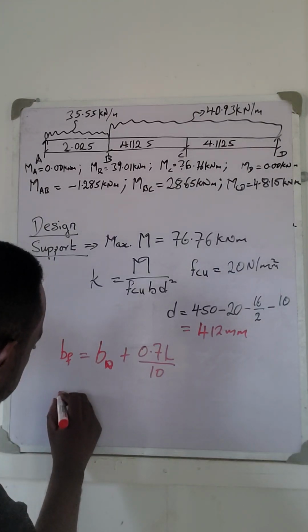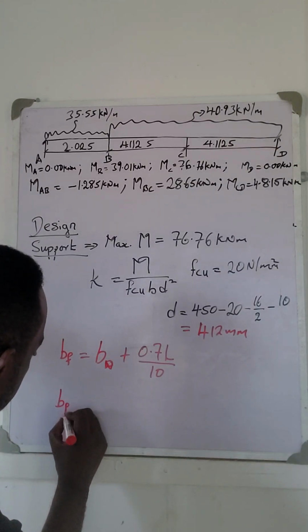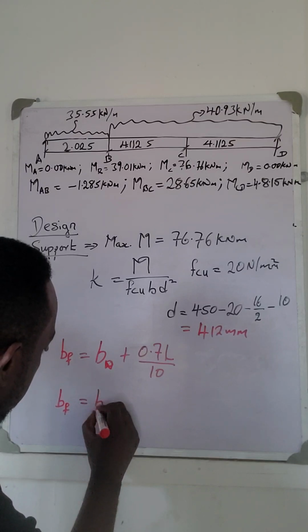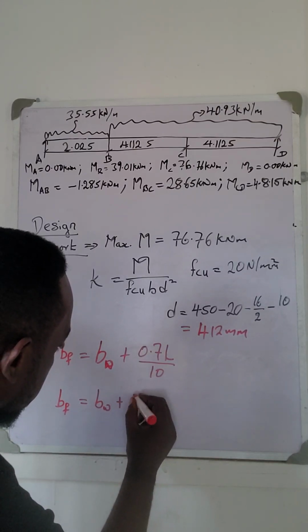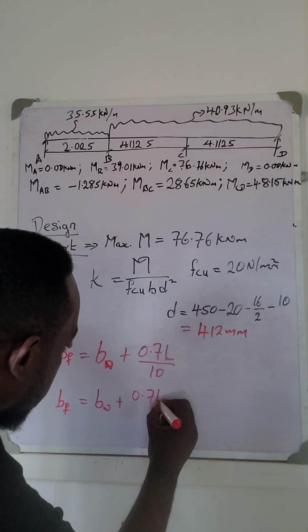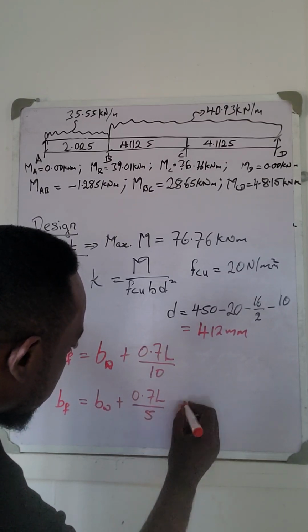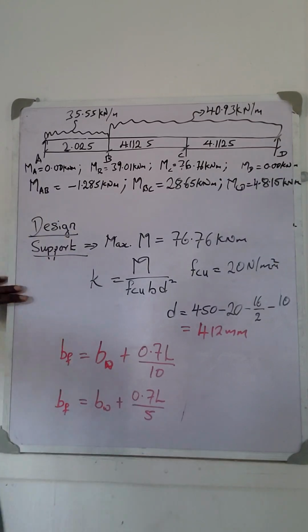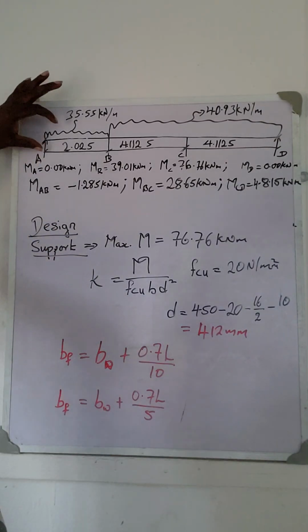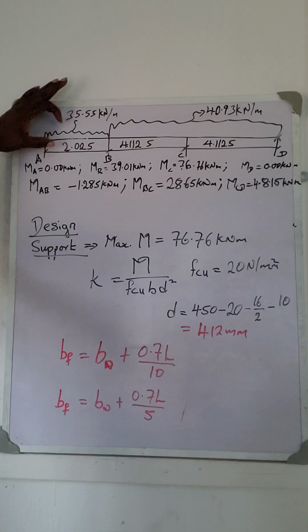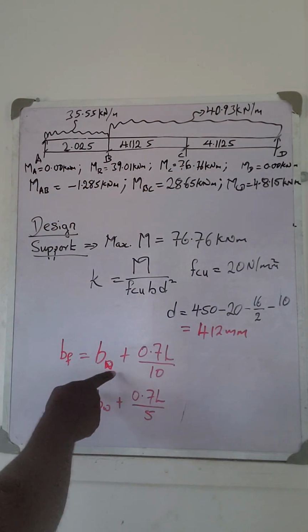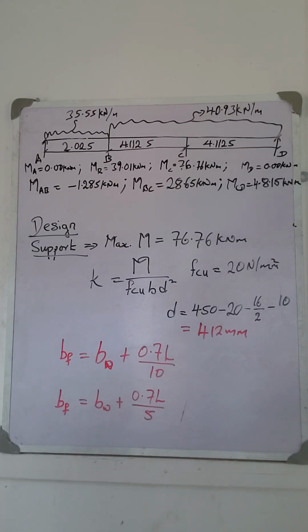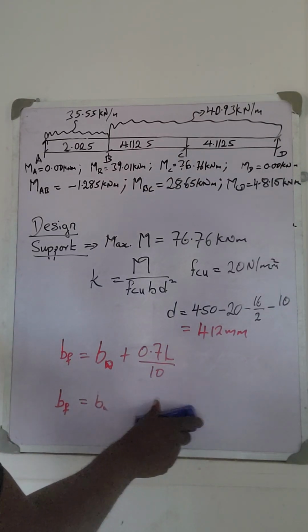Then for a T beam, we have BF equals the breadth of the web plus 0.7 L over 5. But in this case, this is an external beam. It is an L-shaped beam, so we are going to use this formula to calculate the flange width.